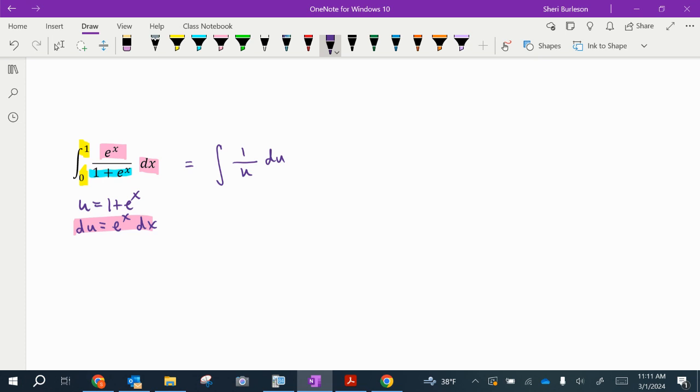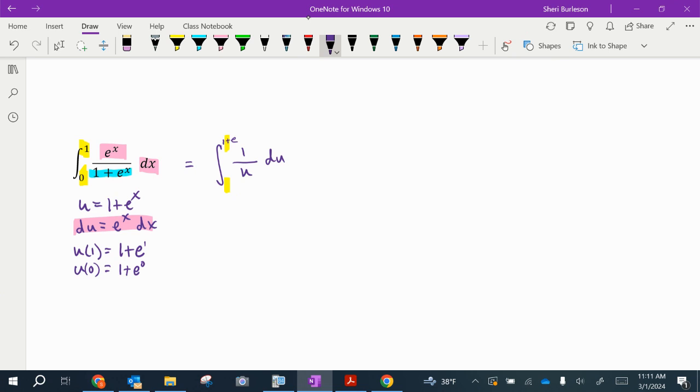Now, I had end values, so those need to be converted to u's. So u of 1 is 1 plus e to the first. So this becomes 1 plus e up here, 1 plus e. And then u of 0 becomes 1 plus e to the 0.